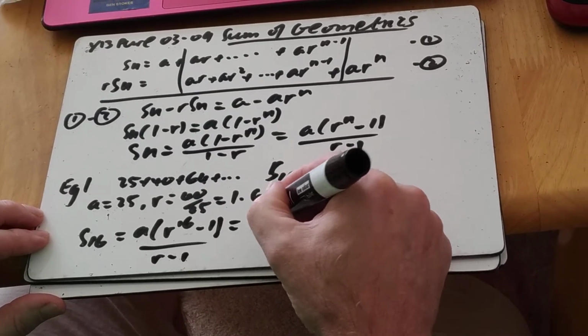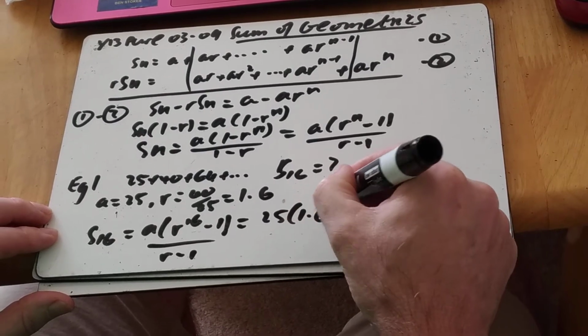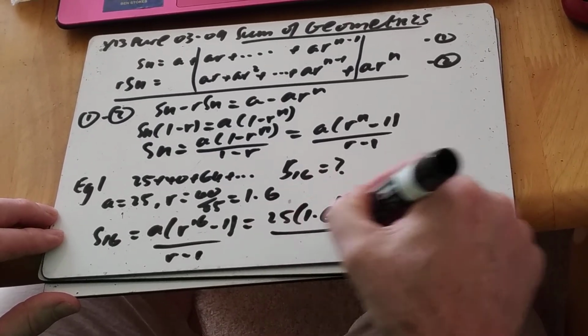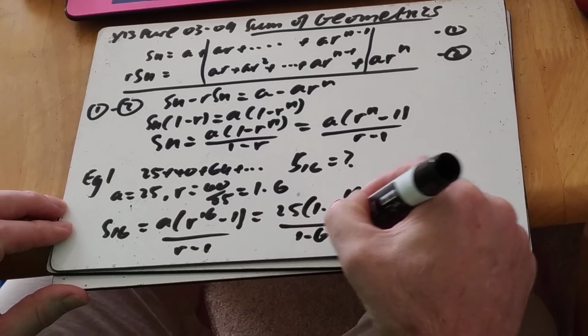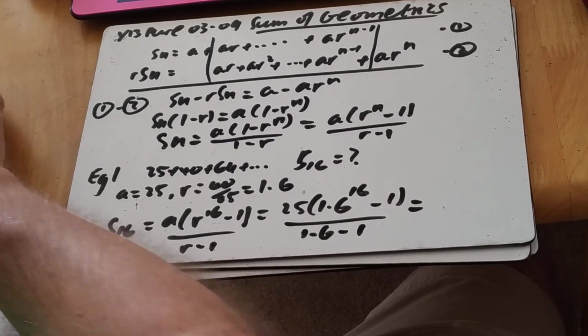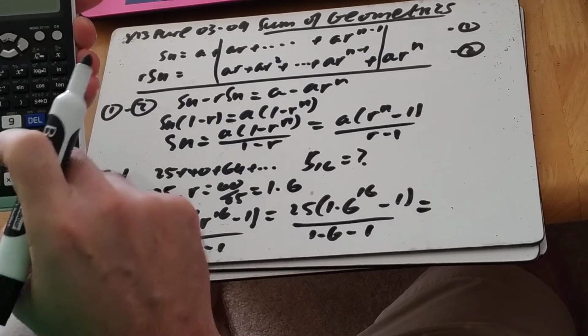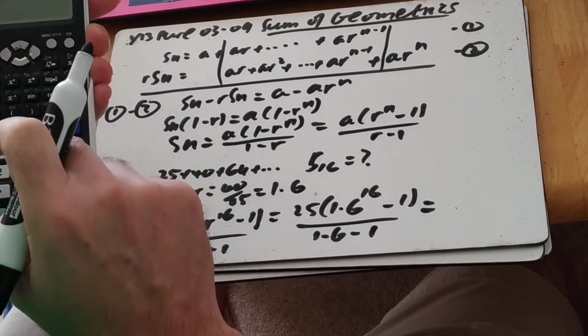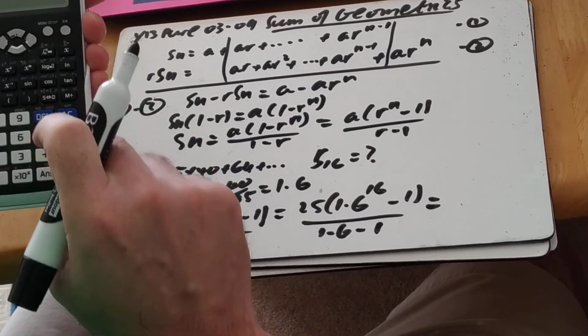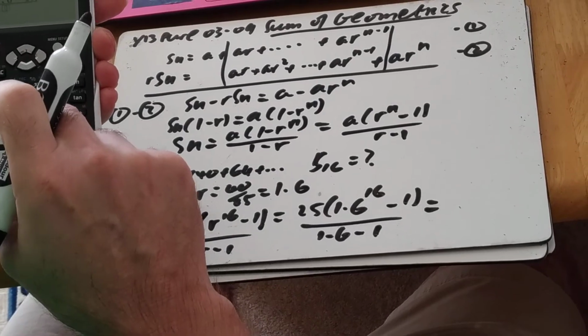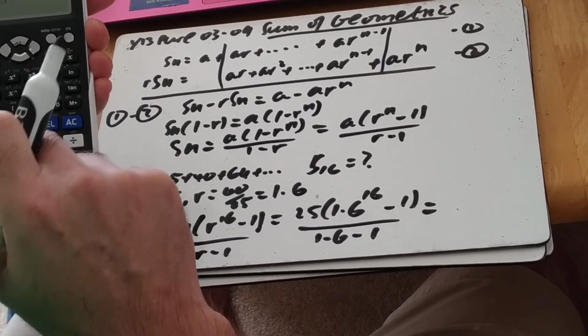So 25 bracket 1.6 to the power 16 minus 1 over 1.6 minus 1 equals, and then just press buttons and get your fraction button. 25 bracket 1.6 power 16, little arrow to do your minus 1 bracket, and then over 1.6 minus 1.